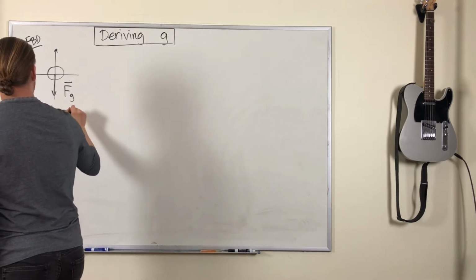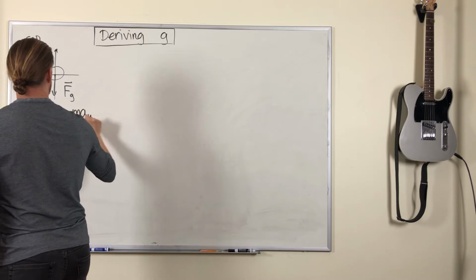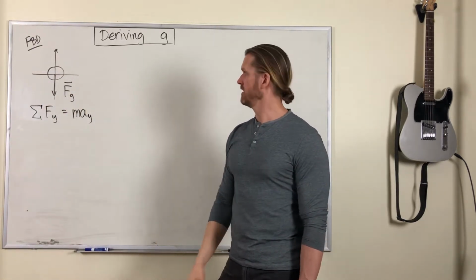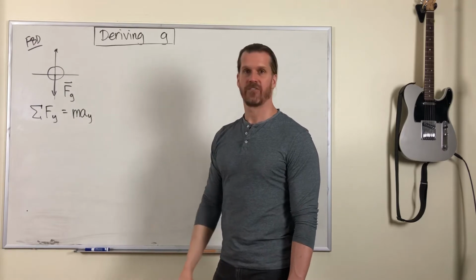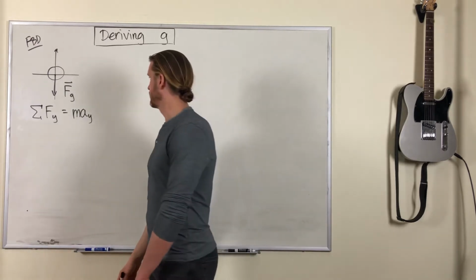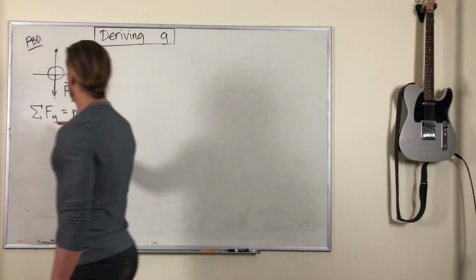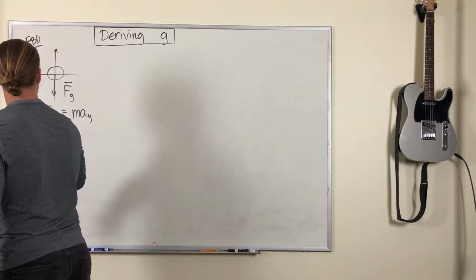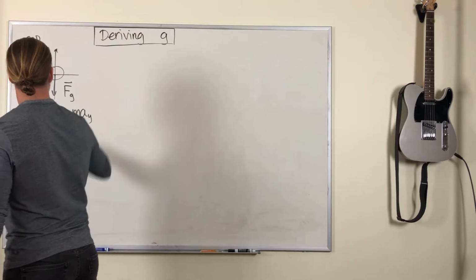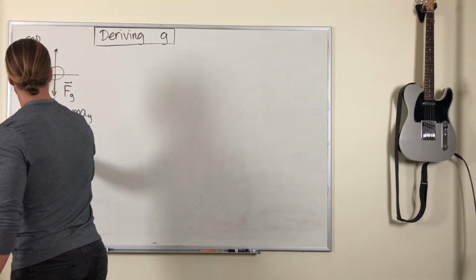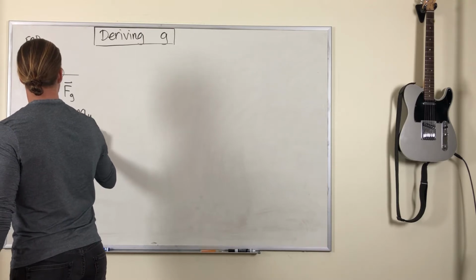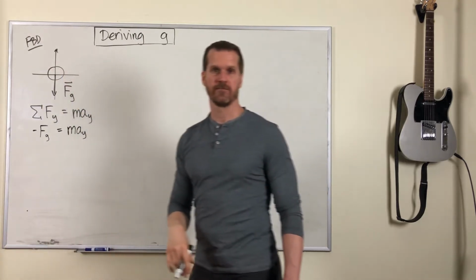So Newton's second law says that the sum of the forces in the y direction equals this object's mass times its acceleration. We've got one force. This is the gravity force. It's directed downward, so it gets a minus sign.